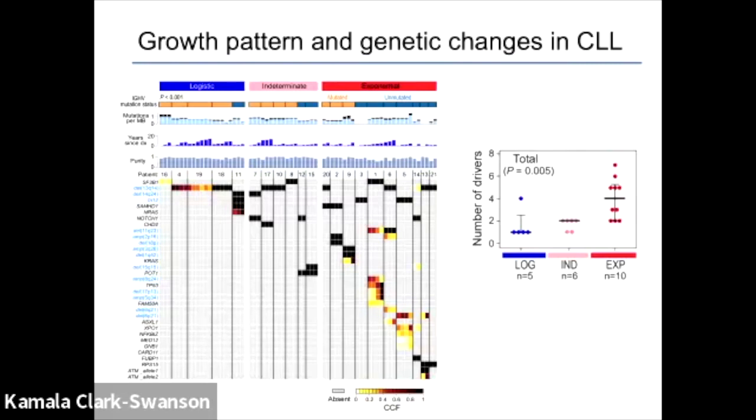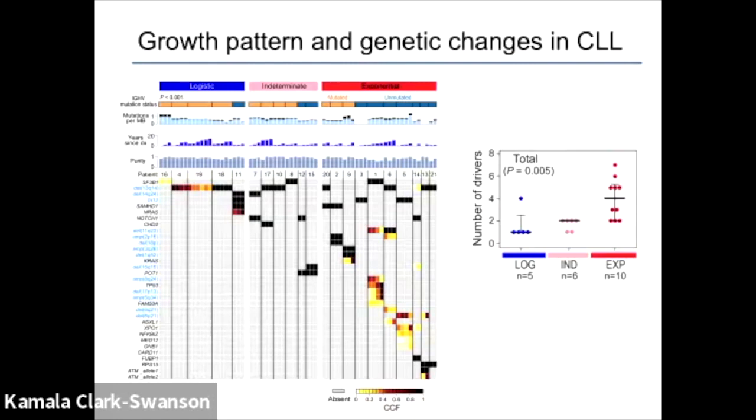So it is appealing to think that exponentially growing CLLs may represent a more aggressive form of disease that has collected more driver mutations. Another thing that may not be apparent right away, but as you look closer, you will see that there is not much change over the course of follow-up.